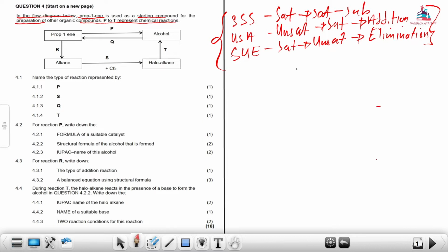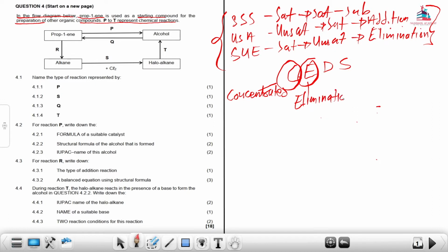If you remember, it's C, E, D, S. So for C, it is for concentrated, and then E, it's for elimination, and then D, it's for dilute, but S is for substitution.